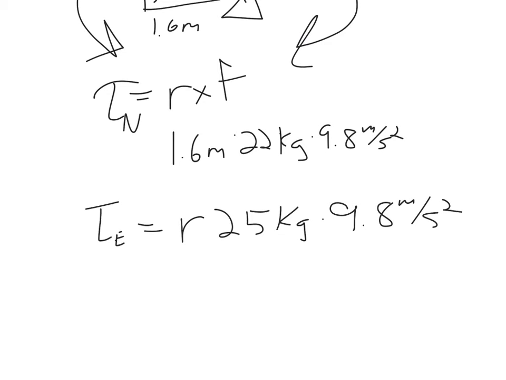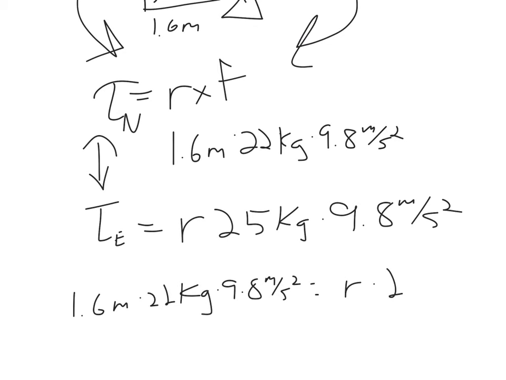Now you can go ahead and multiply some things, but I'm going to set these two things equal to each other, and we are going to get 1.6 meters, 22 kilograms, 9.8 meter per second squared equal to R, 25 kilograms, 9.8 meter per second squared.